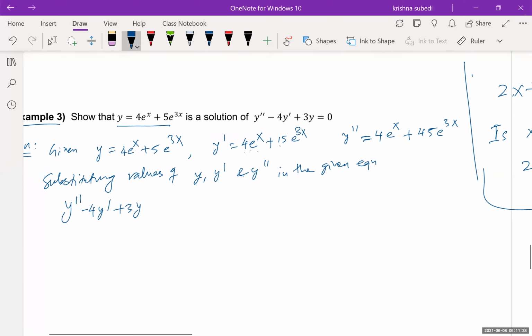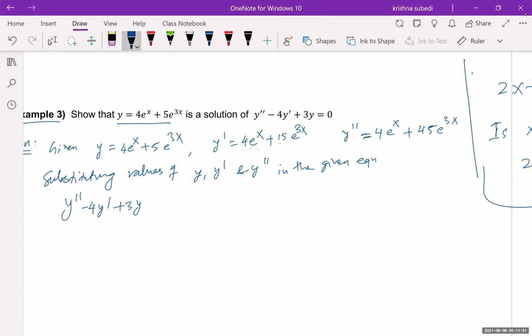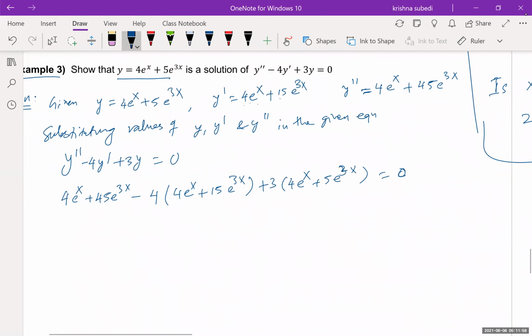In this, what do we get? Okay, so we'll get y double prime is 4e to the x plus 45e to the 3x, minus 4 times y prime, which is 4e to the x plus 15e to the 3x, plus 3y. Y means 4e to the x plus 5e to the 3x, equals 0. So all we need to do is show left side and right side are equal. That's what we need to prove.